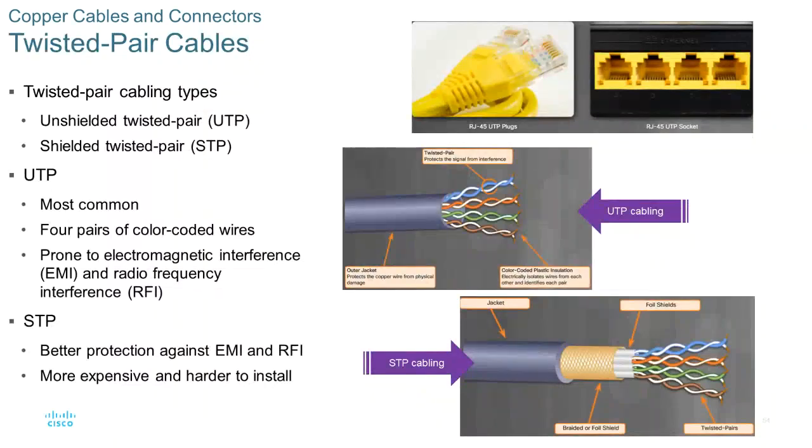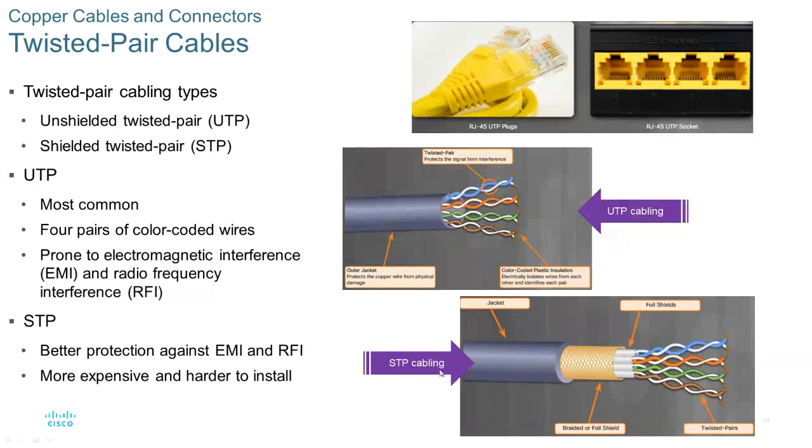Twisted pair cables. So this is the Ethernet cable that you're probably more aware with. The yellow 4-port switch sockets on most home devices, especially if they're coming out of Cisco. And you have two versions. You have an unshielded and shielded version. So the difference there basically is in the unshielded, all the wires are just in an outer jacket.